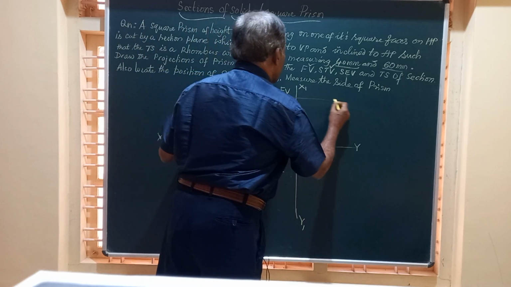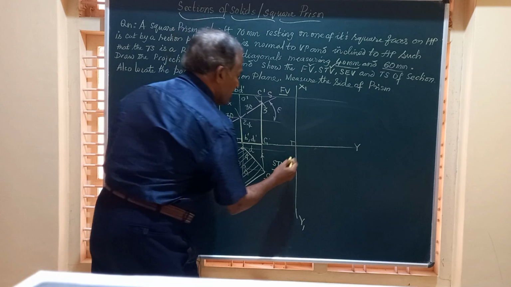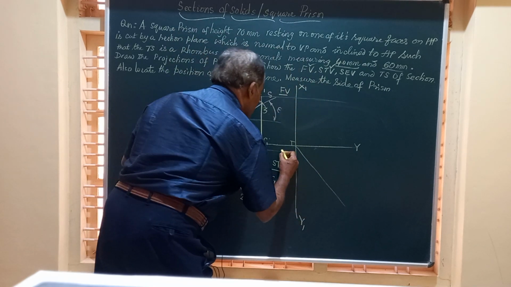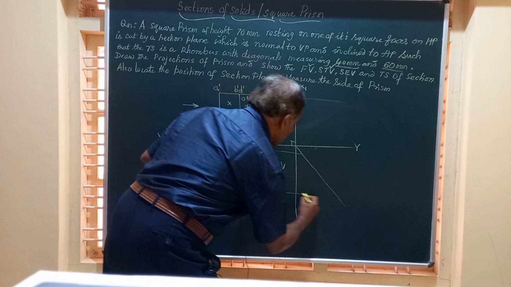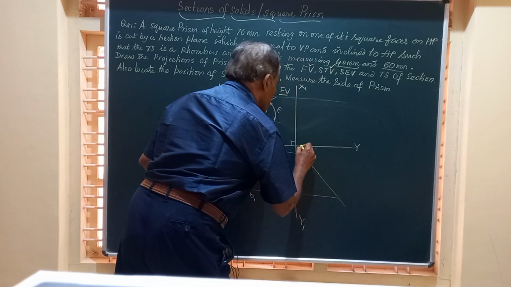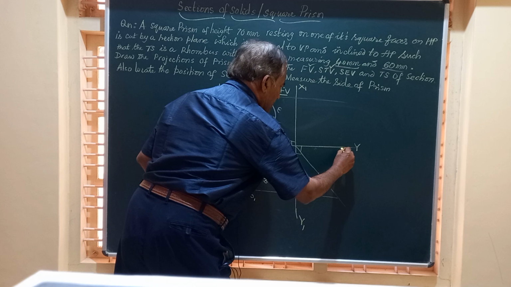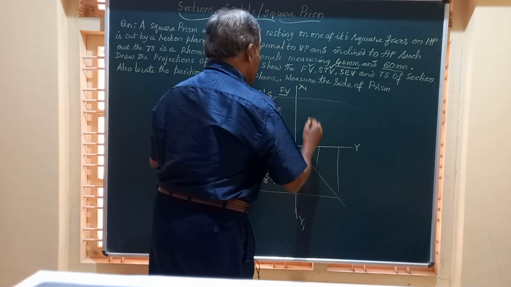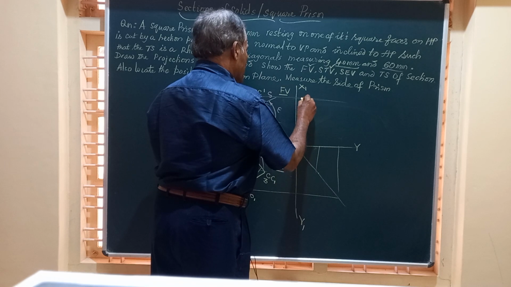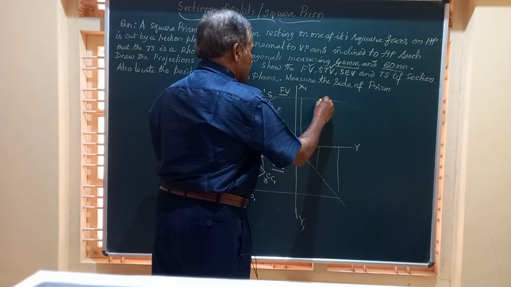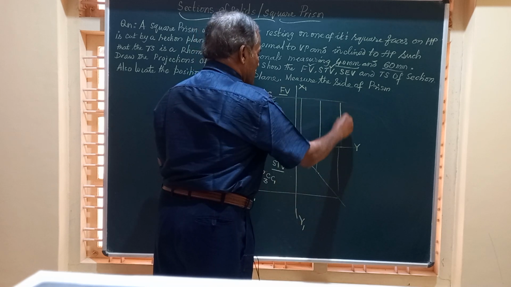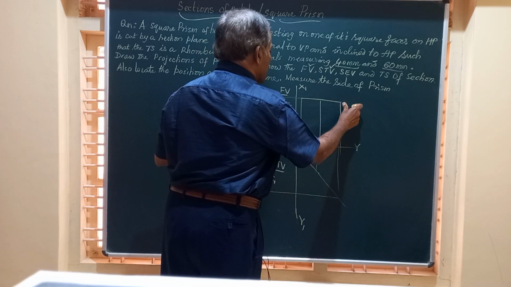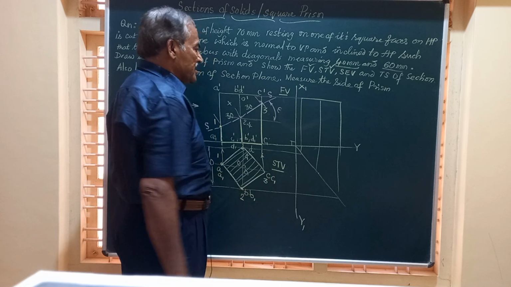So we can extend a line from here, friends, a 45-degree line to be drawn here, and we will transfer all these points to that. So this is one point, this is the second middle point. So friends, we have got one line here, one here, and one here. So this is the left end view without the section plane.